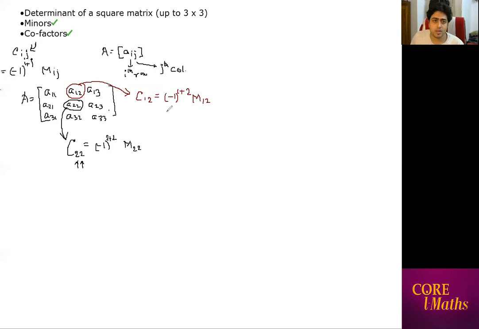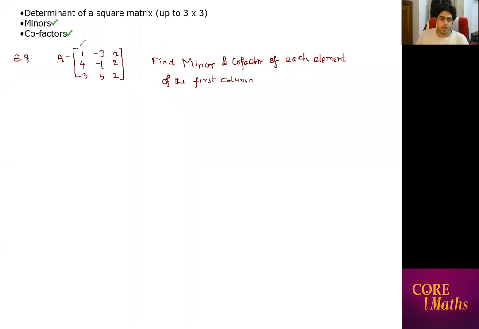Now start with one example. A is a square matrix given as 1, -3, 2, 4, -1, 2, 3, 5, 2. This is the question: find the minor and cofactor of each element of the first column. So for this column, what are the elements?